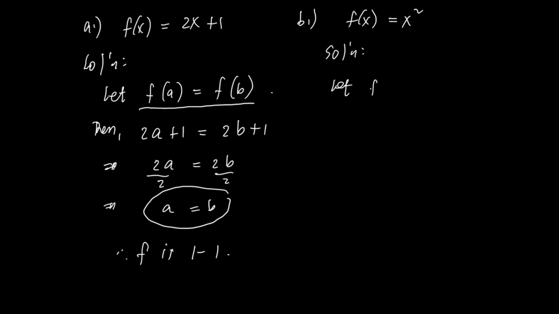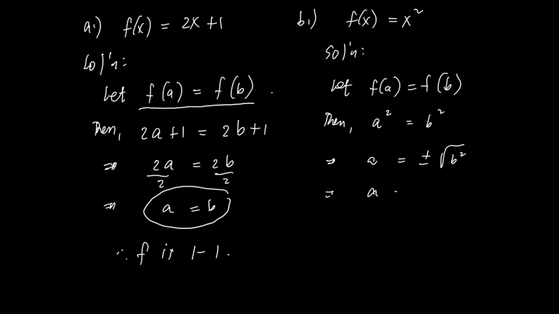Now for the second one, let f of a is equal to f of b. Then a squared is equal to b squared. Then therefore, a is equal to plus or minus b, or plus or minus a is equal to b.